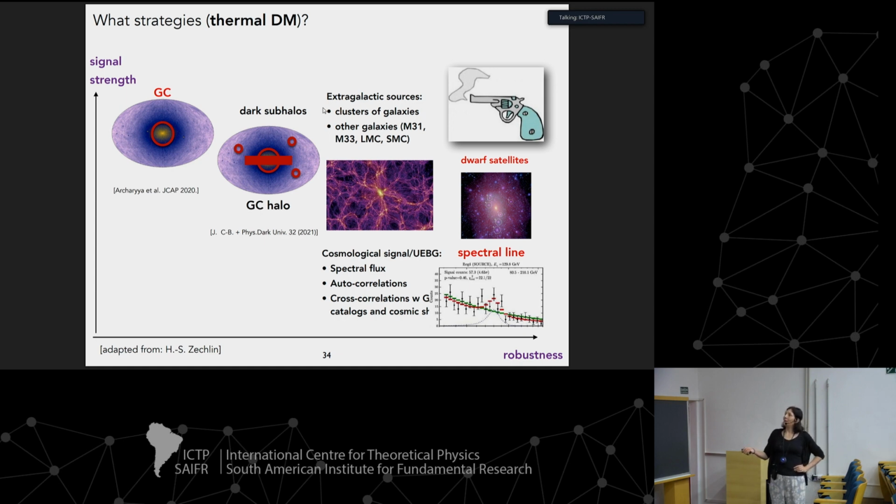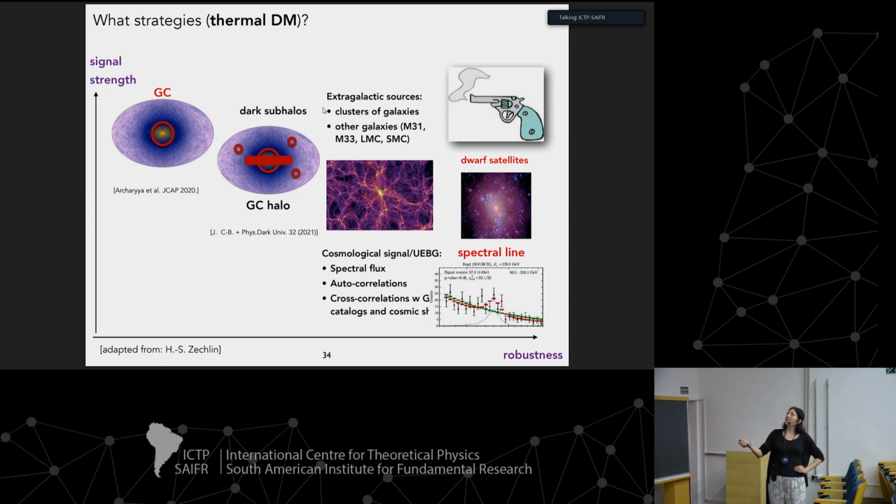Meaning, how high are your backgrounds? How high your backgrounds are is in the other direction, no? So the smaller the backgrounds, the more robust the discovery would be. And here you clearly have the galactic center at one extreme, because in the galactic center, as you were saying, the signal is the highest, but the backgrounds are also the highest. And so any discovery would be the least robust, but you expect the discovery to happen first, okay?